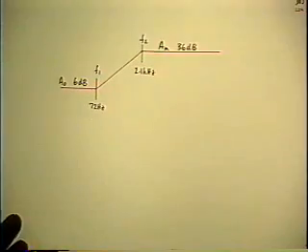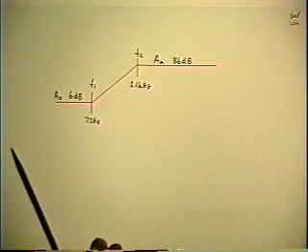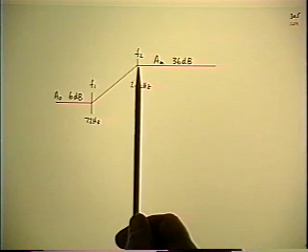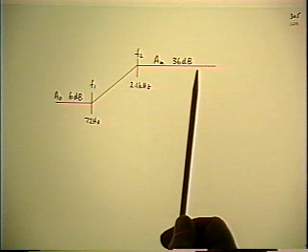Here's the final result for that particular example. The reference gain was A0. A0 is 72 hertz. The pole was 2.1 kilohertz, leading to the final flat gain of 36 dB.